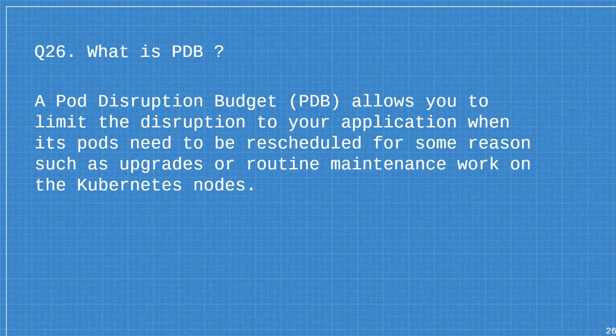Okay, what is PDB? Pod disruption budget. If we talk about the pod disruption budget, we have a front end. We are again taking the example of Nginx, and we have made the deployment which is creating replicas equal to 3.